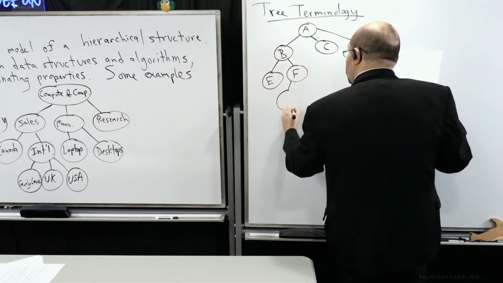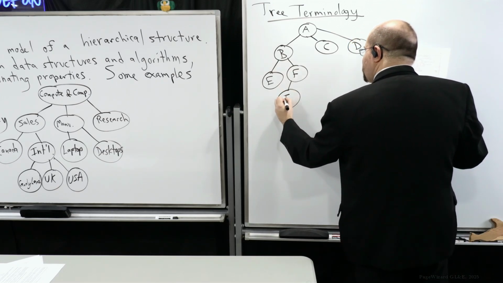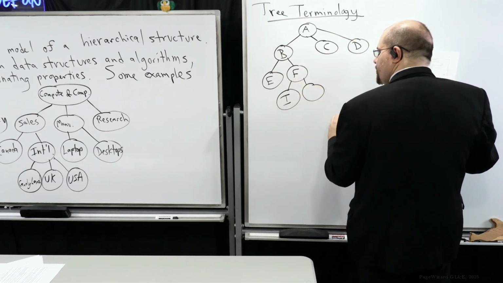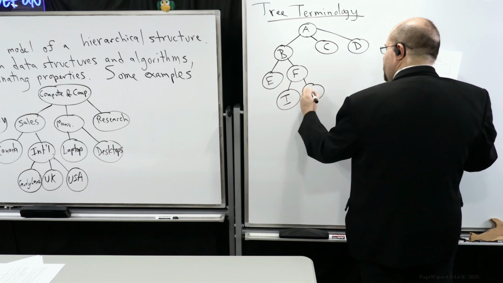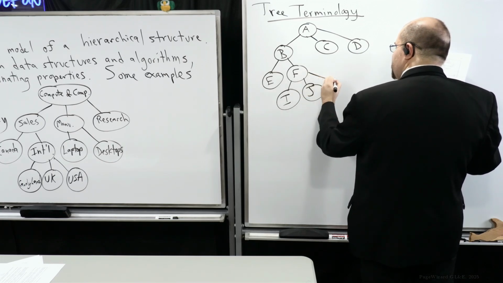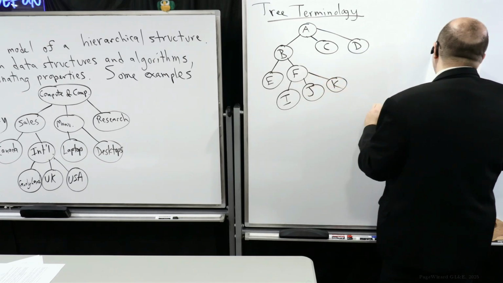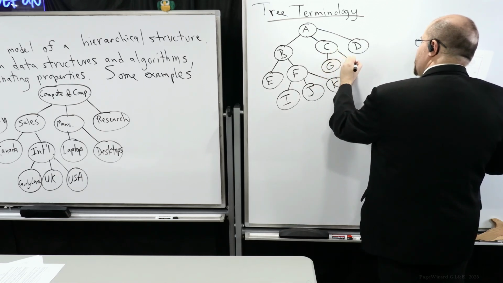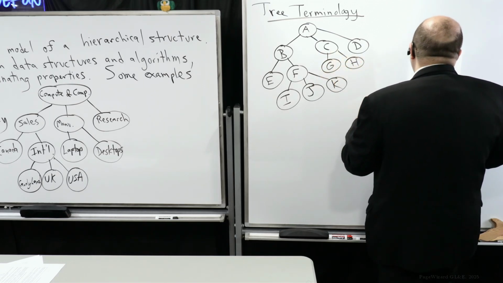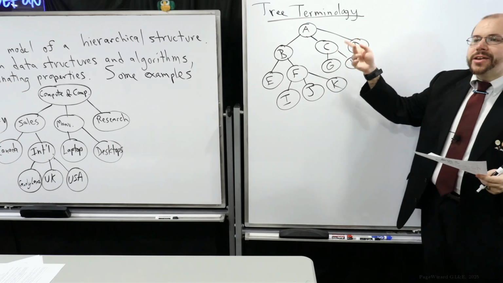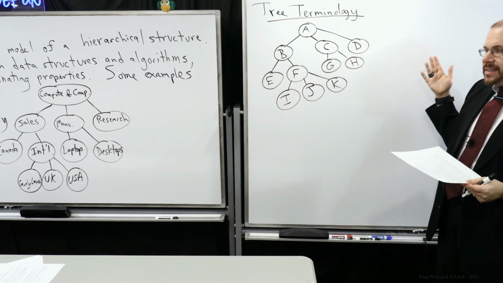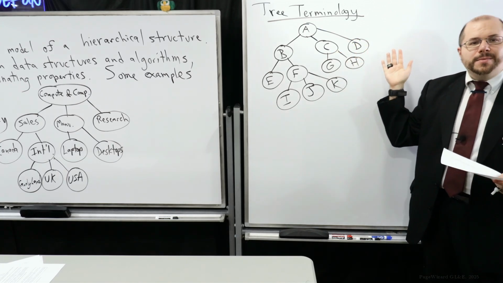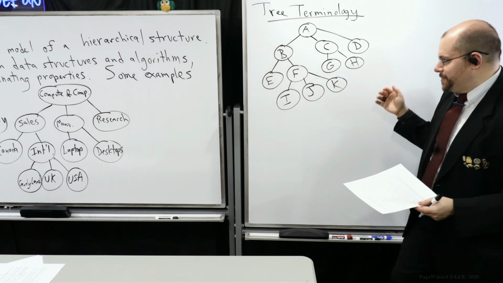We have E, F, and then maybe something like I, J, and K. And maybe we have G and H. Now, you might ask, Dan, do these letters matter a whole lot? Not necessarily. These are just labels that I'm using to talk about the tree.